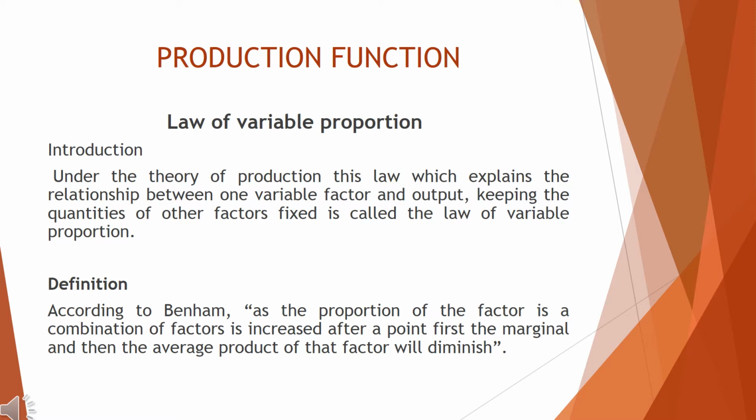In the theory of production, the law which examines the relationship between one variable factor and output, keeping the quantities of other factors fixed, is called the law of variable proportions. According to Benham, as the proportion of the factor in a combination of factors is increased after a point, first the marginal and then the average product of the factor will diminish.